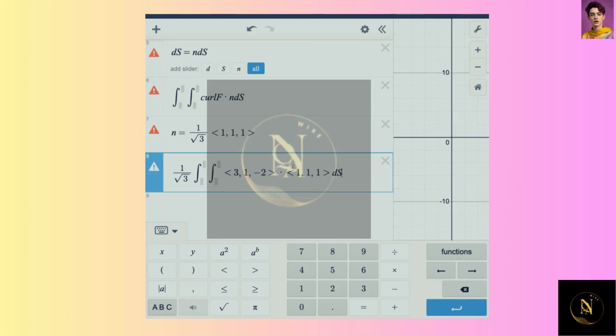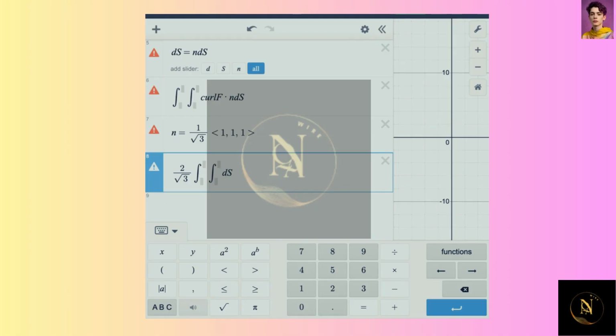So when we take the dot product of this, it'll be 3 plus 1 minus 2, so that will just end up giving us a 2, which we can pull out and put up here by multiplying.